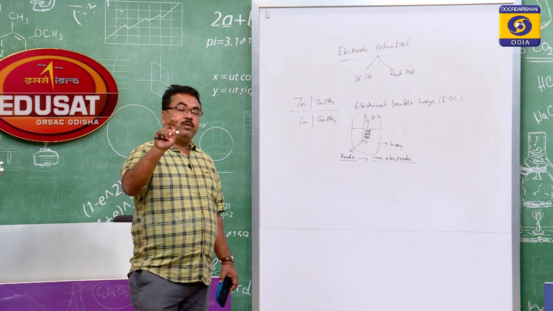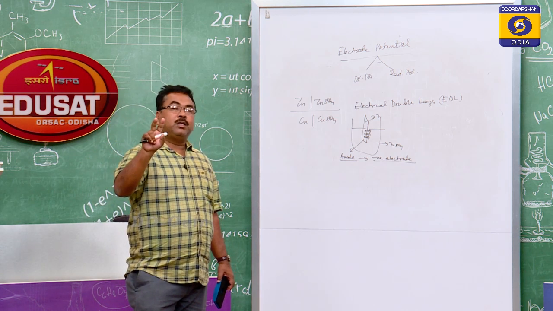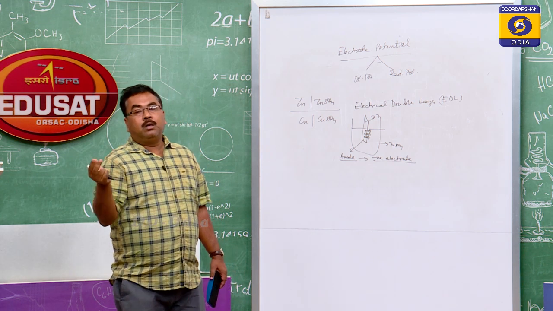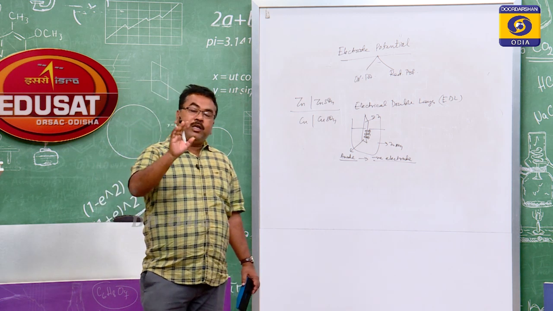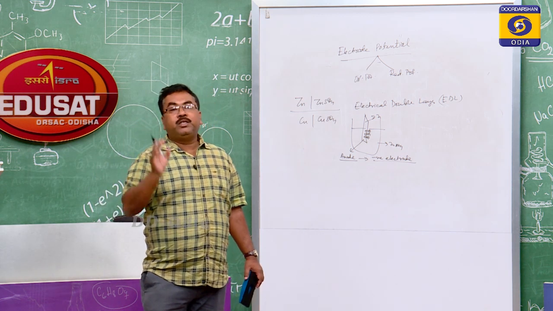We know there are two electrode potentials: one is the oxidation potential, another is the reduction potential. Both are equal in magnitude, but opposite in sign.